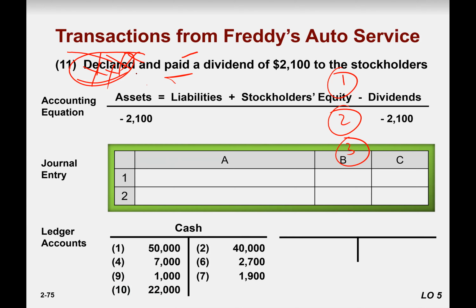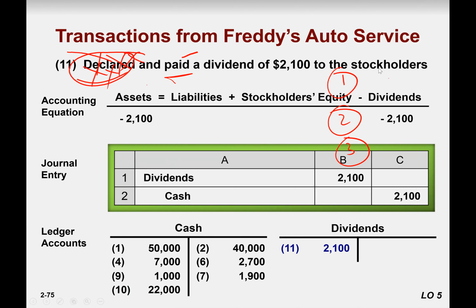Which asset account? Paid means cash is going out. So it means cash and dividend. Cash is going out, cash decrease means credit. Dividend increase means debit. Dividend to cash.